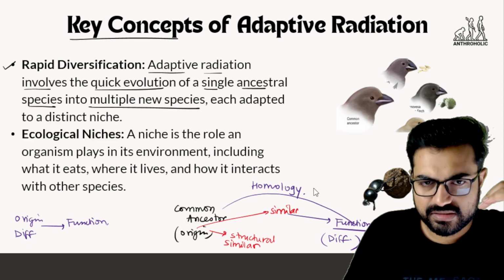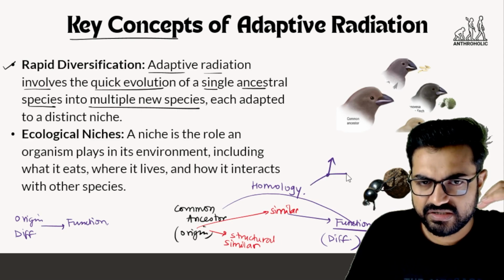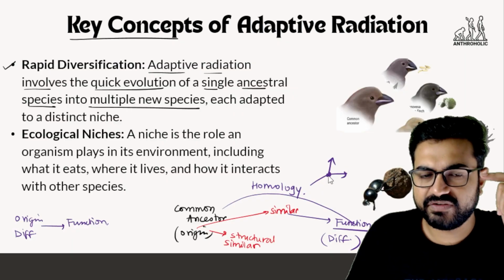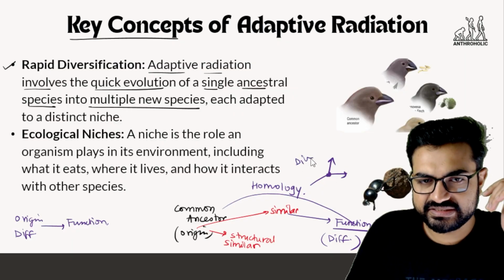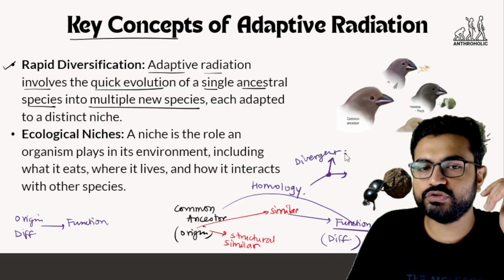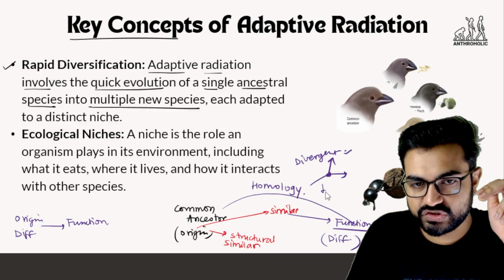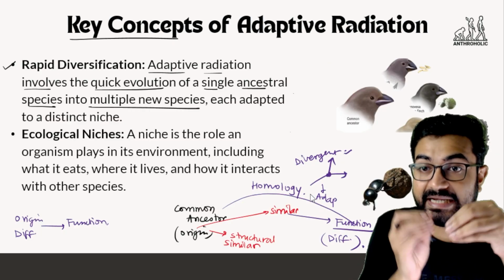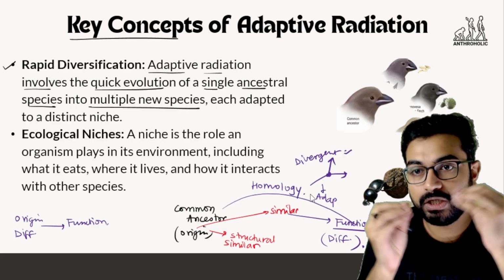Homology is something which you see in divergence, where from a certain point you are radiating or diverging to certain points. This is divergent evolution at play, and this is also known as adaptive radiation, because for the sake of adaptation you are radiating from a common origin.